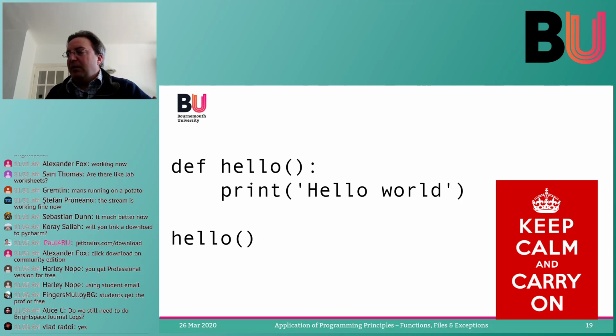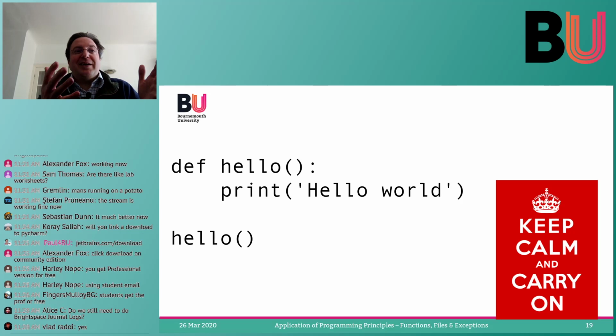Then we have the name of the function, and then the parentheses that give us the list of parameters. In this case, there are no parameters, so it's an empty list. Then we have the function body inside this. Like in our logic, we have the indentation, and we print hello in this function.